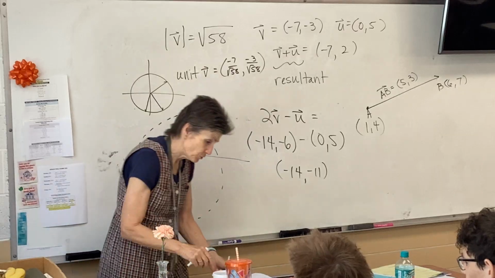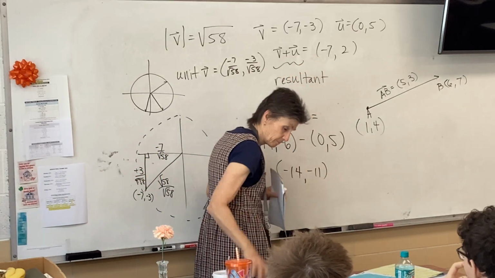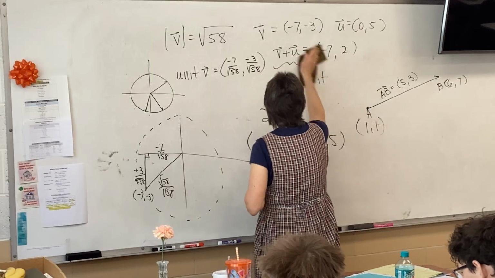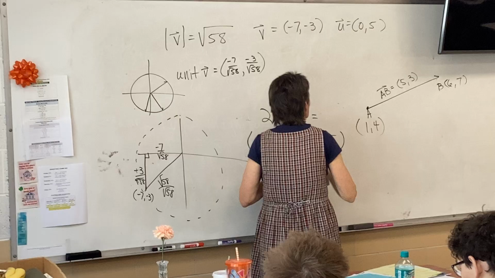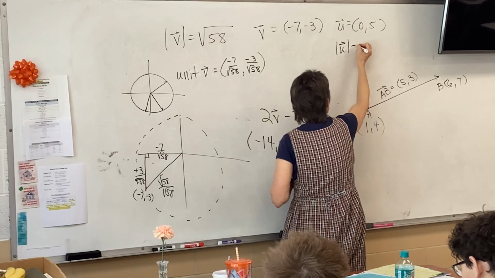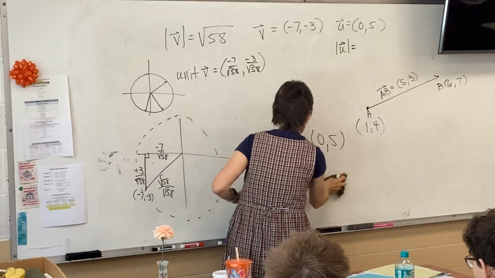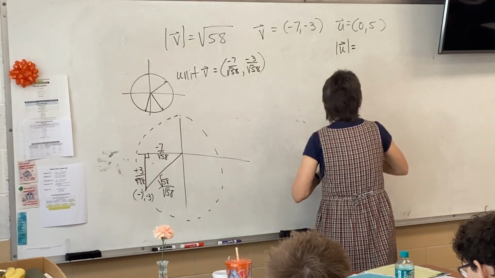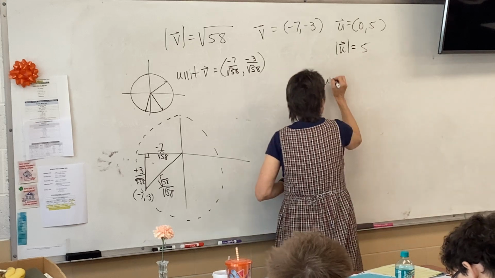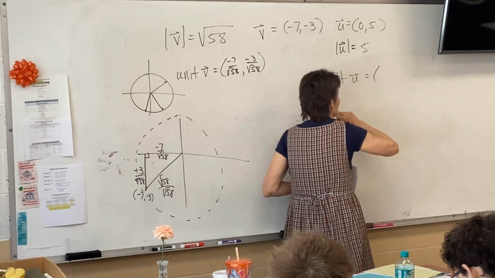All right, so now you do it for vector u. You do it for that guy right there. What is his magnitude? What is the magnitude of vector u? 5. So to make that a unit vector, I'm going to do what?